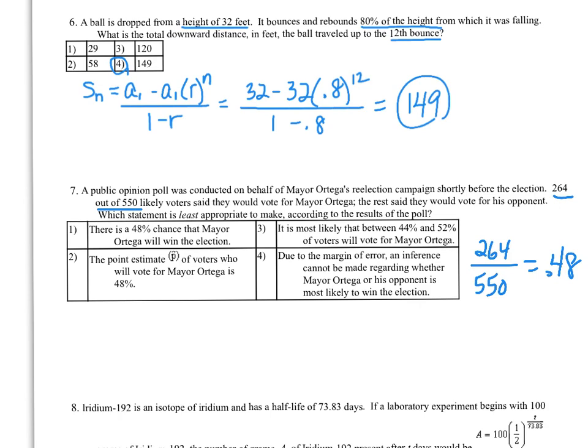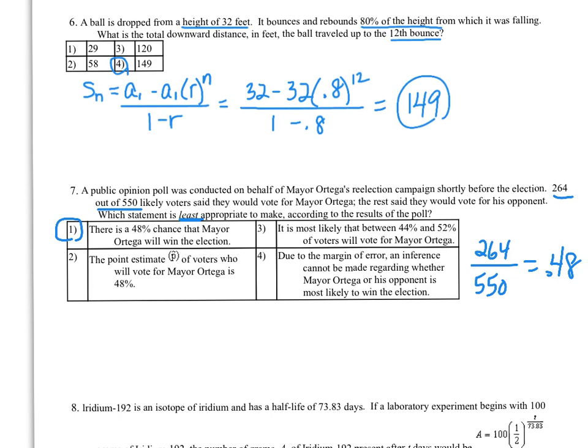And this one is asking which statement is the least appropriate. So it would be choice 1. And the reason being is if they had said something like, we're estimating rather than his chance of winning, okay, then choice 1 would be the case, and it couldn't be an answer.